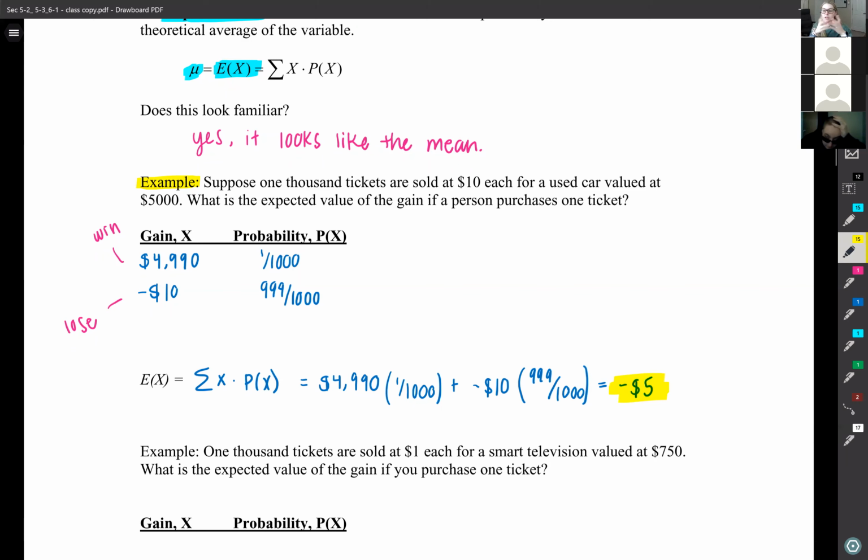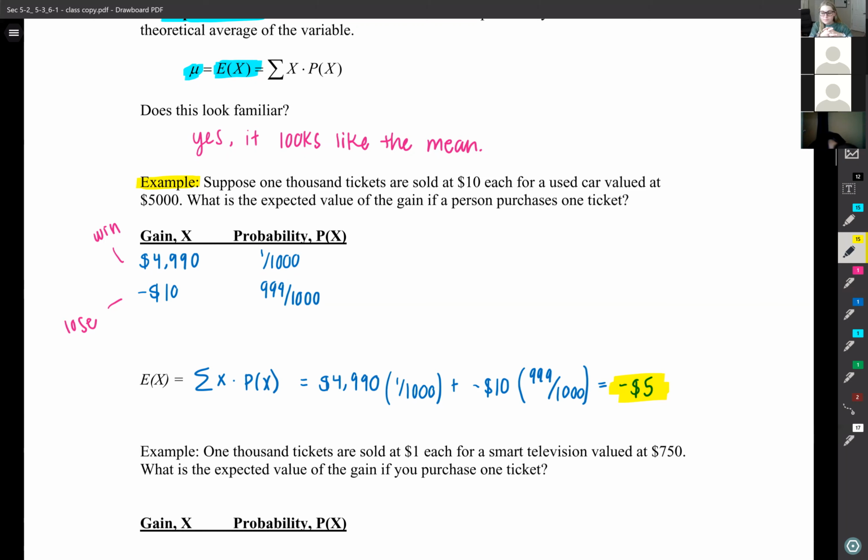If you take an average loss of all 1,000 ticket holders, you'll get -$5. That's like the average loss. So it's not necessarily saying you are expected to lose $5. No, because really you're either going to gain that much or you're going to lose $10. But it's saying that's the average loss for each of the 1,000 ticket holders if you average.